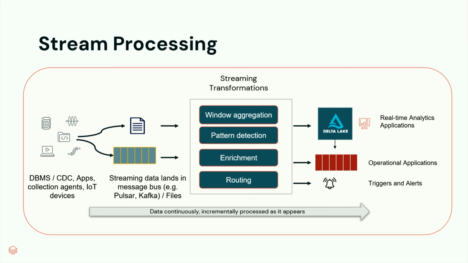From there, the stream processing engine takes the data, processes it, aggregates it as needed, and writes it back into S3 or even Kafka, which in turn serves analytical applications for dashboarding purposes, or it can be used for operational applications. Operational applications are what we will be talking about today.